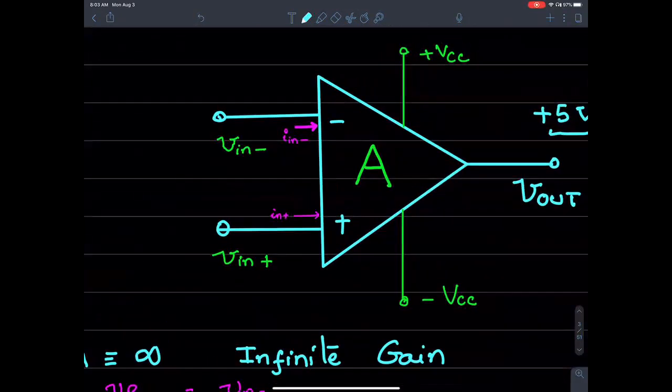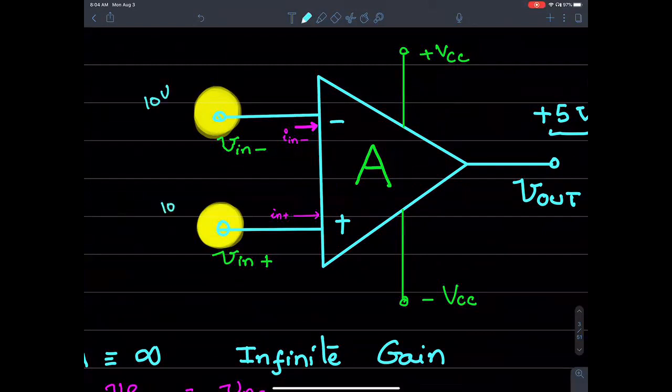The idea of virtual short is very, very simple. Whatever voltage is applied on one terminal automatically shows up on the other. If one of these voltages, doesn't matter which one, is 10 volts, the other terminal also tracks 10 volts.